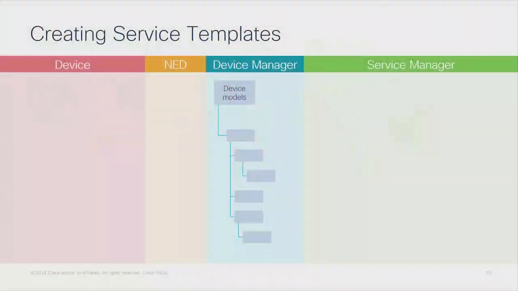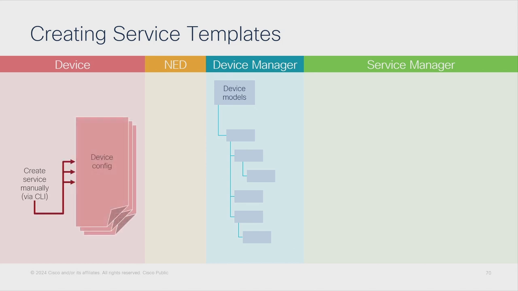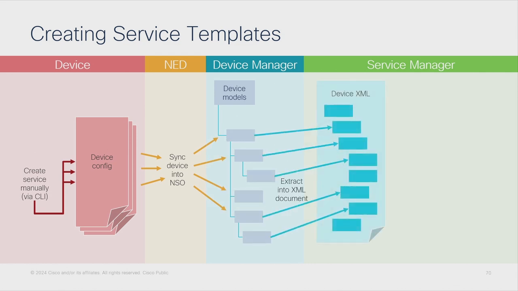How do we create one? So usually we'll start with some example configuration on a device. We'll sync that into NSO. So the device models in NSO will have an example of our service on there. We can extract the bit we're interested in into an XML document, and there is a new feature to do that, the display XML template feature, which we'll look at in a minute.